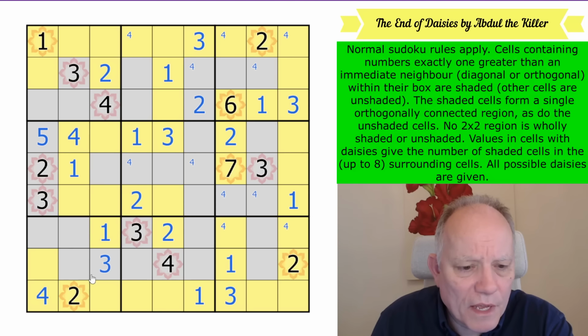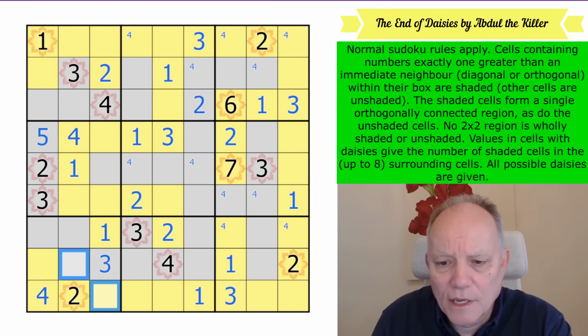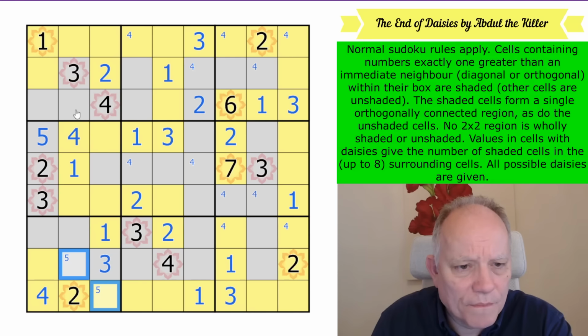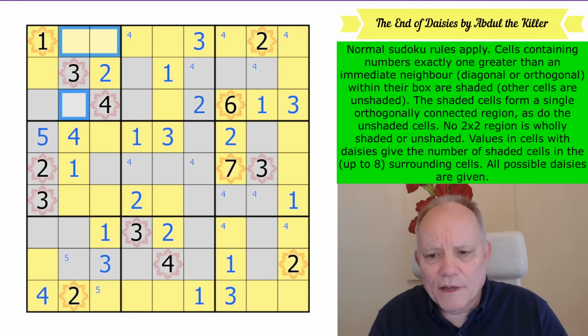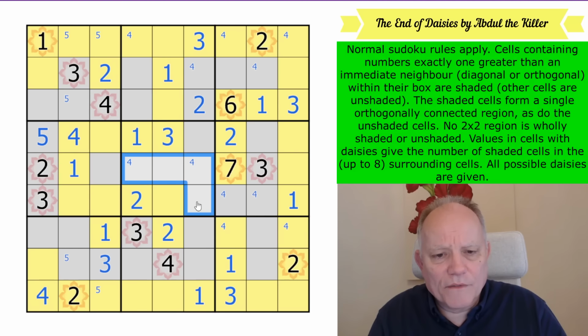Right, 5 can be there and it can be there, but it can't be here because it's not touching the 4 then. So 5's in one of those cells. 5 could be there, but it could also equally be in either of these. 5 can't be here, so it's in one of these greys.